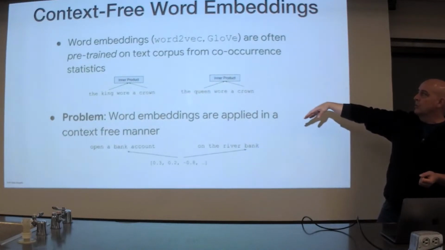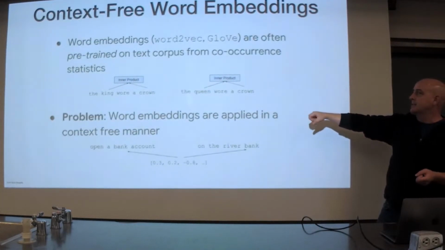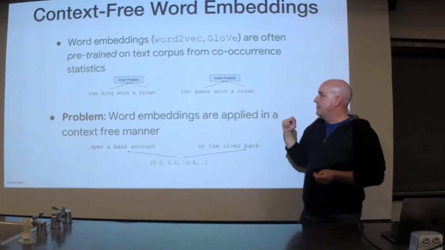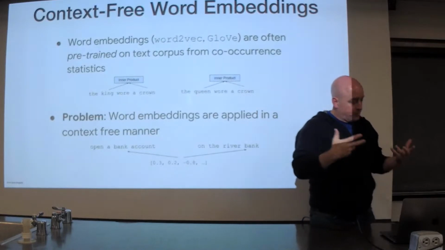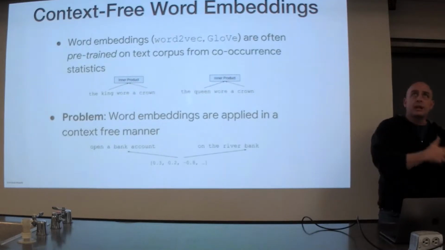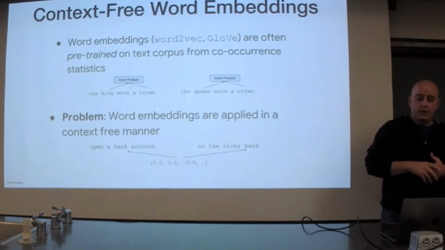Most of these are what are called context-free, in the sense that we do this pre-training without the context. When we do the encoding, we don't take into account the context surrounding the word.